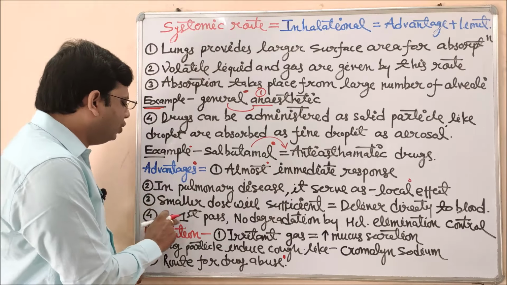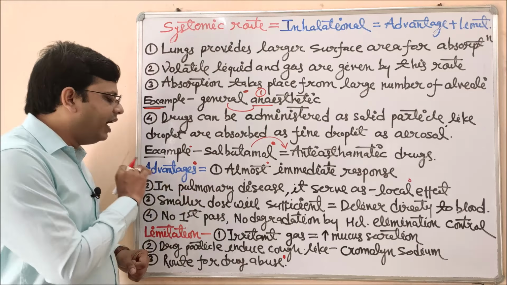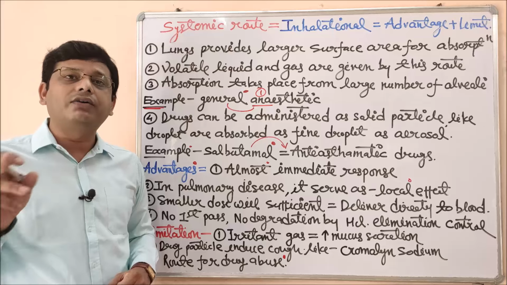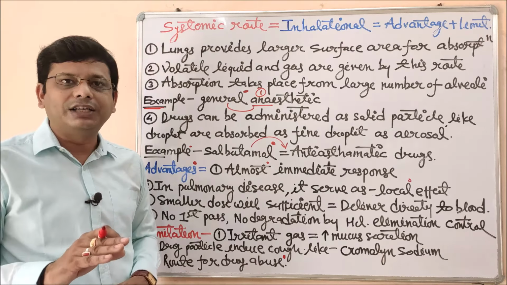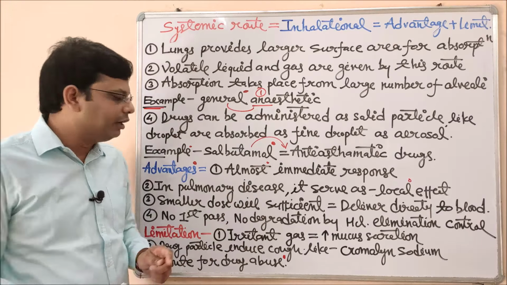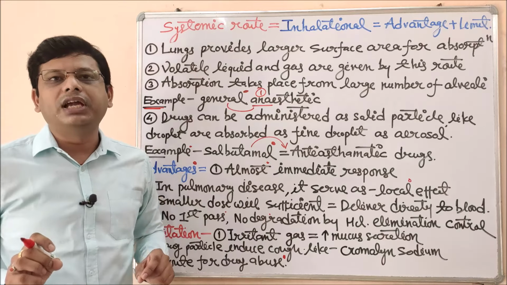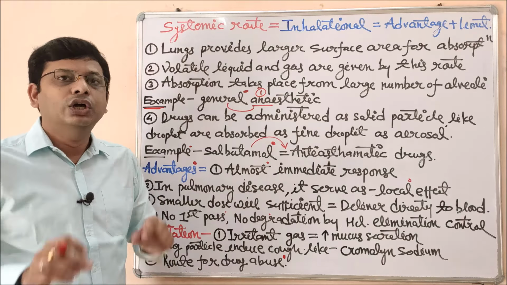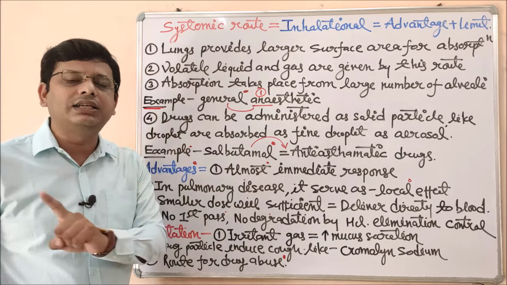Now the next one is no first pass, as with other routes. If any drug is given apart from the oral route, it will not go through first pass metabolism and will not be degraded by gastric acid. That means first pass metabolism and degradation by HCl are only applicable to the oral route of drug administration. So you can write this point for every route of drug administration except the oral route.